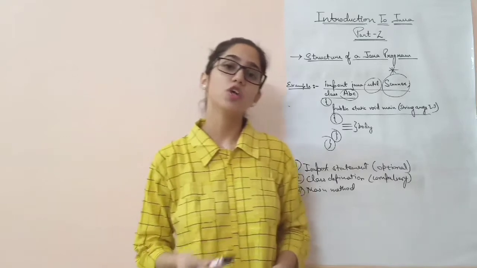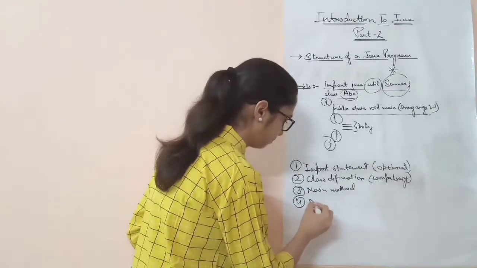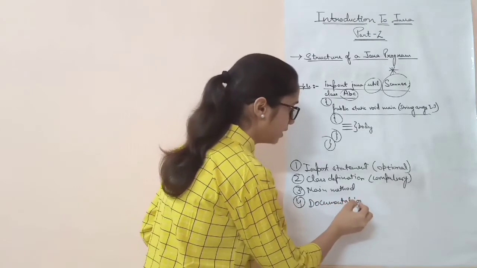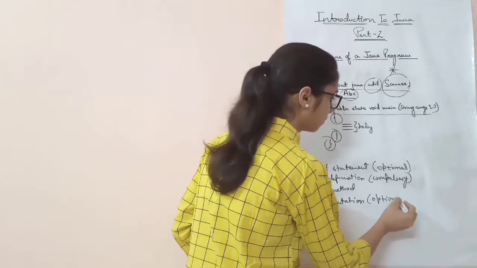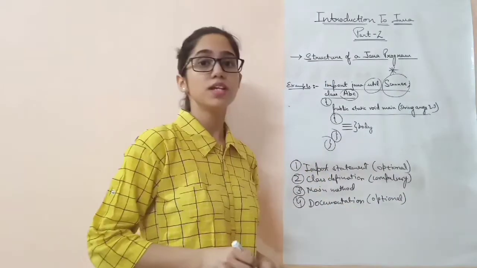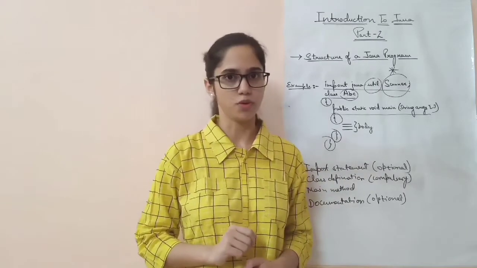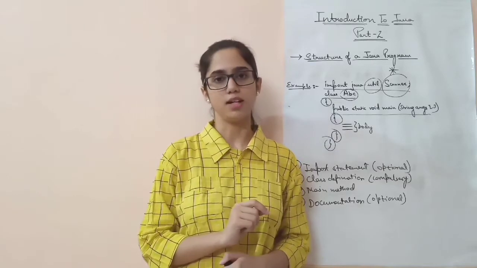Now, last but not the least is the documentation section. This section is again optional. This documentation section is all about writing comments inside your program. What are comments? Comments are the remarks embedded inside the program.